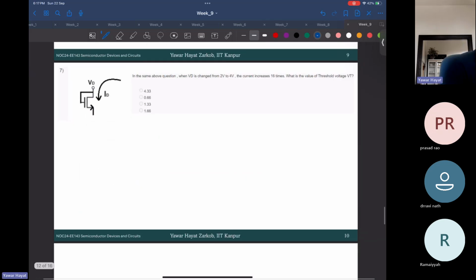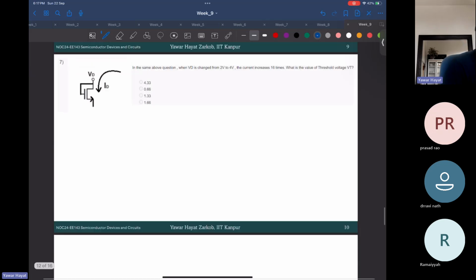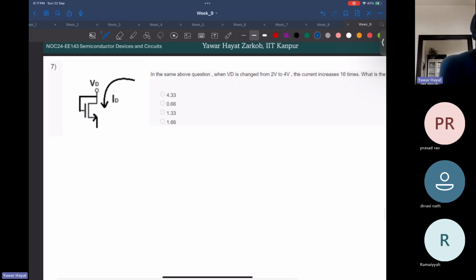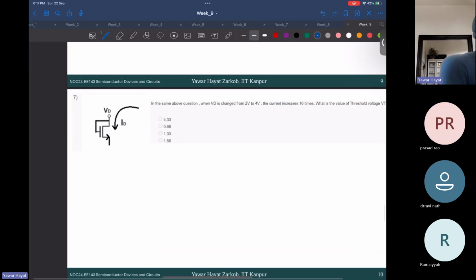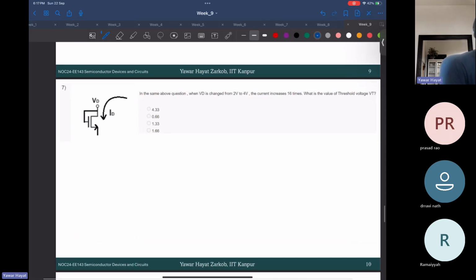What about option 7, in the same question? When VD is changed from 2 volt to 4 volt, the current increases 16 times. So the question is asking now to compute the value of VT if this is the case.